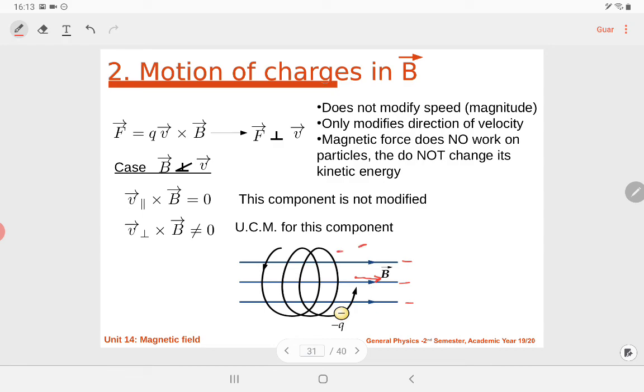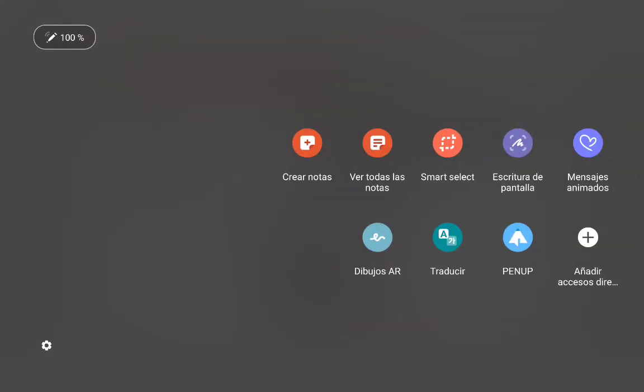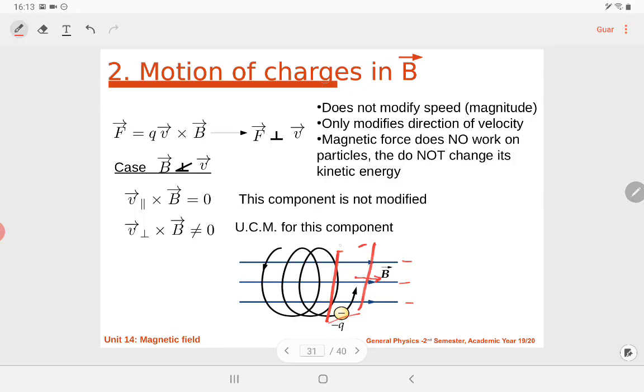And the other part is going to make the particle go round and round in circles in a plane that is perpendicular to the magnetic field. And if you compose both motions, what you get is a helical motion.